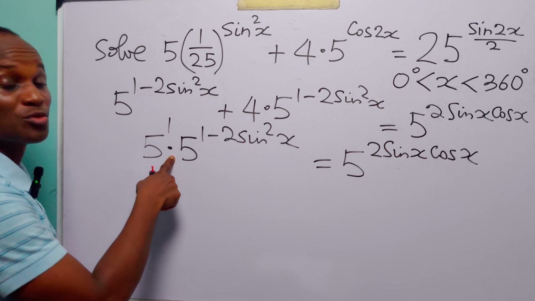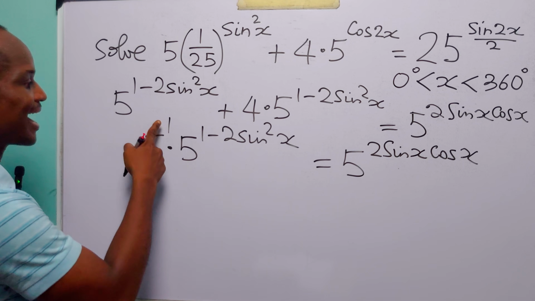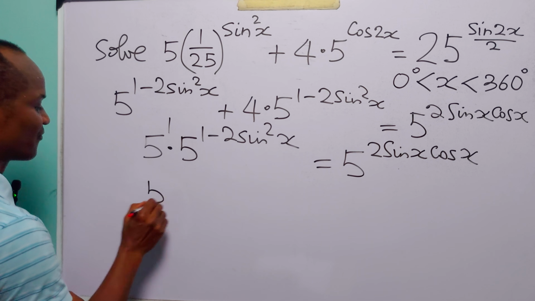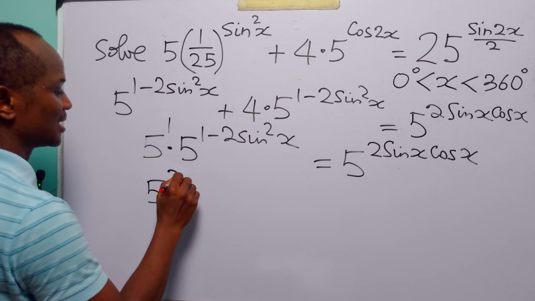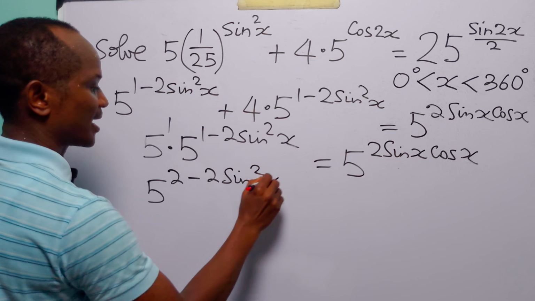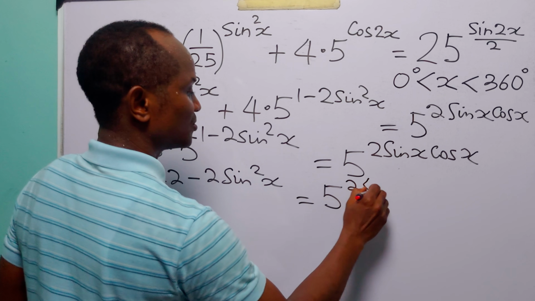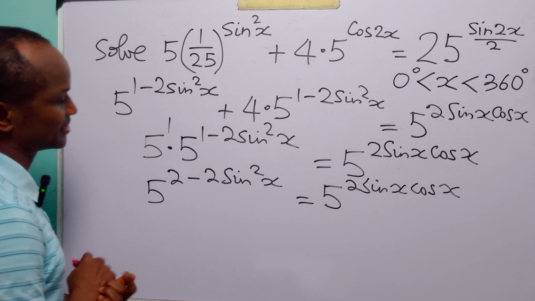Once more, to multiply two numbers with the same base, we simply add their exponents. So here we have 5 to the power 1 plus 1, which is 2, then we have minus 2 sin squared x, and this is equal to 5 to the power 2 sin x cos x.